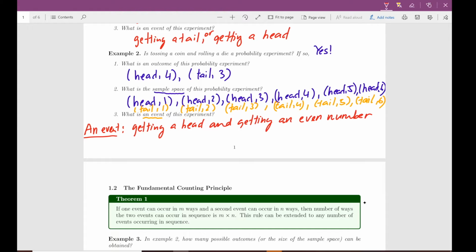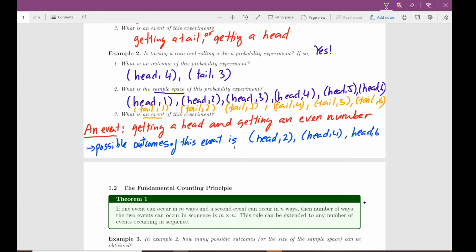And all the possible outcomes of this event is, you get a head, right? And you get an even number, so a head and a 2, a head and a 4, and a head and a 6. So these 3 outcomes are all the possible outcomes of this event, right? It's not the possible outcomes of this experiment, but these are the possible outcomes of this event.